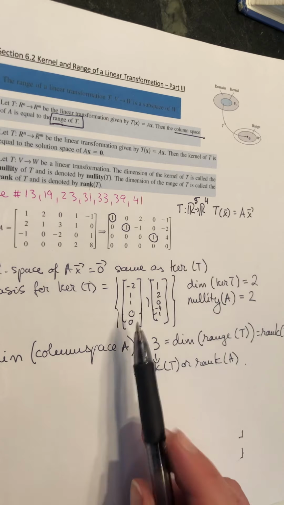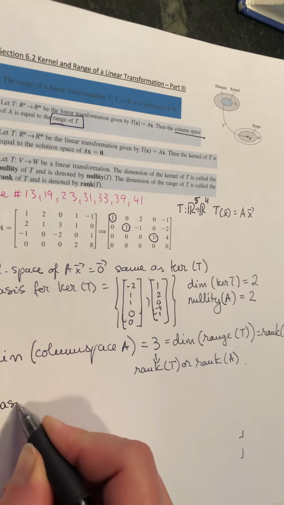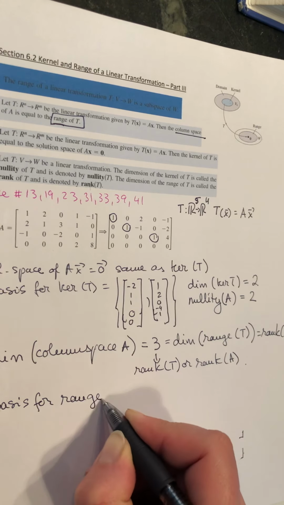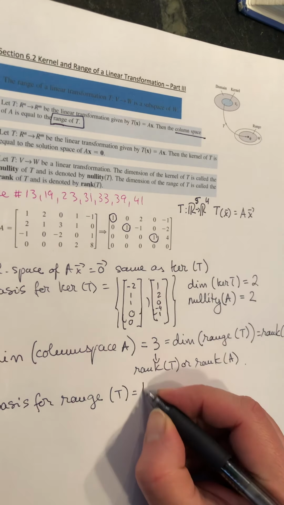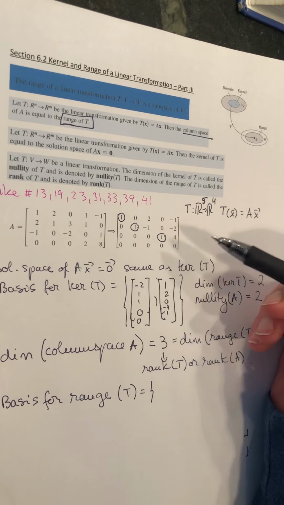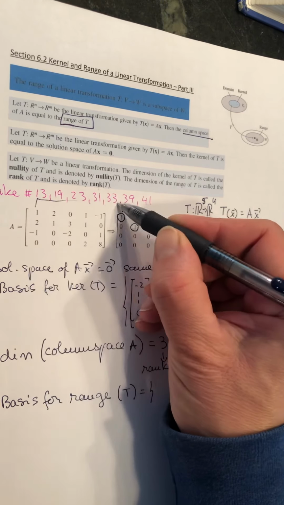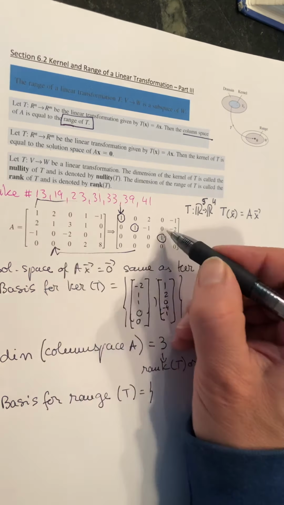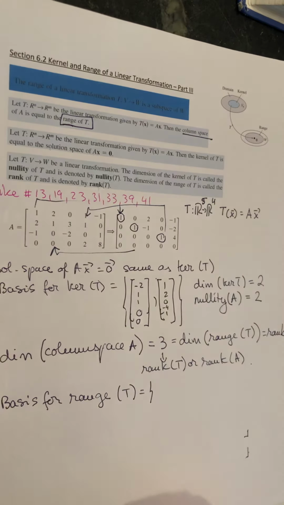Yes, we have a basis for the kernel of T. If I were to find a basis for the range of T, then I would need vectors in the column space. So I could take the corresponding vectors with the leading ones. And this would be the original matrix there.